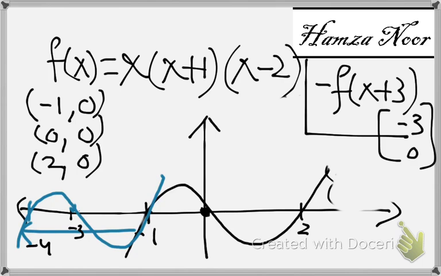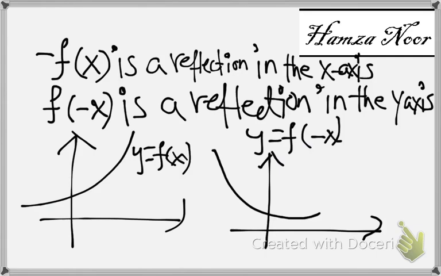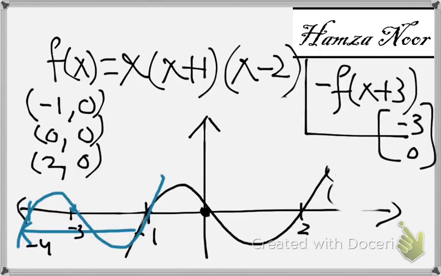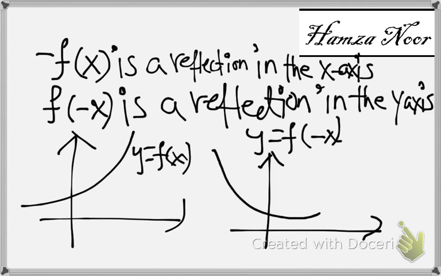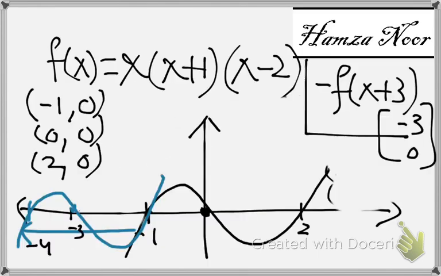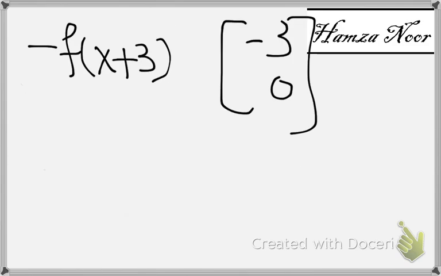We have done only the horizontal translation of -3, but the reflection is still left. As I told you earlier, -f(x) is a reflection in the x-axis, so reflect this blue graph in the x-axis. Let me make it again over here.